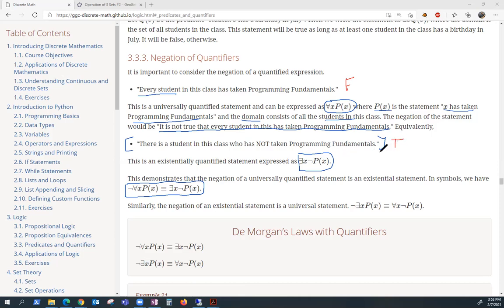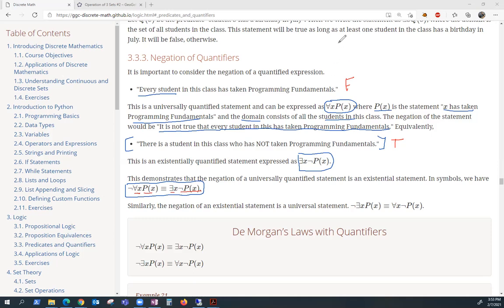This true statement gives us this expression. This tells us how to negate a universal quantification. The negation of for all x, p of x is saying there exists an x such that not p of x. And that is the first of the next two set of DeMorgan's laws.